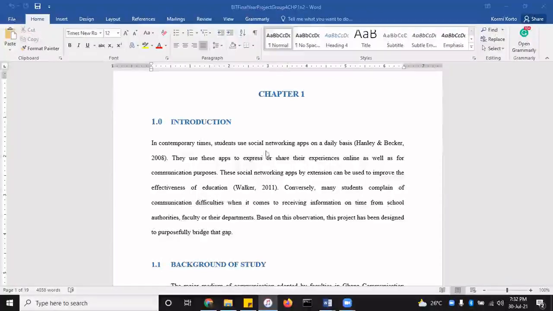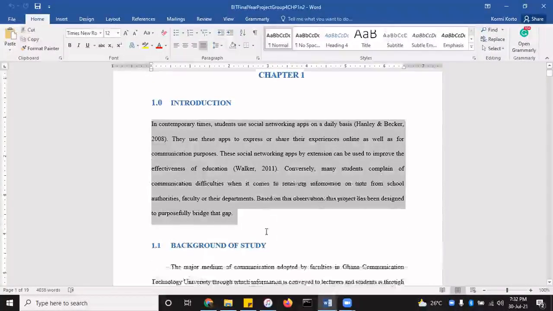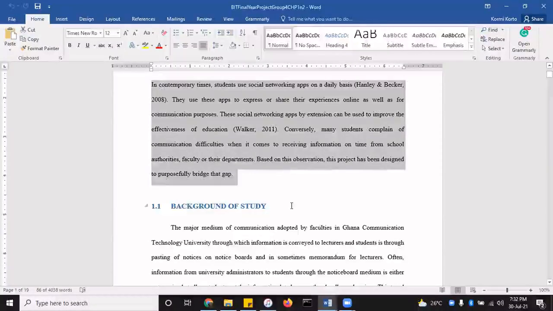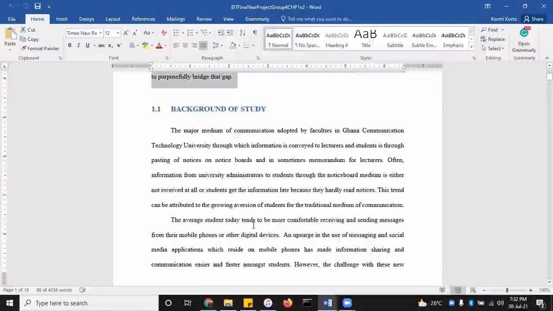Okay, so the introduction: just a brief intro about the topic, and then you go into the background of the study itself. The background is supposed to elaborate more on your title, where you give a lot more literature and some history behind your topic.